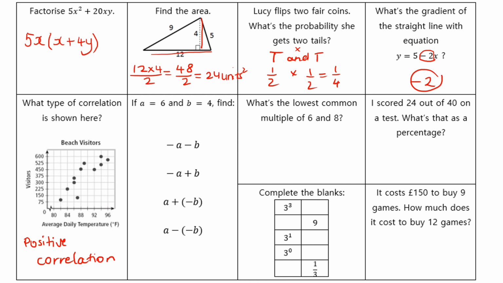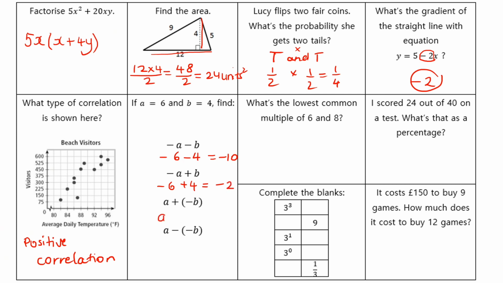Okay, if A is 6 and B is 4, find out negative A, negative B. So that's going to be -6 take away 4 is -10. -6 plus 4 is going to be -2.